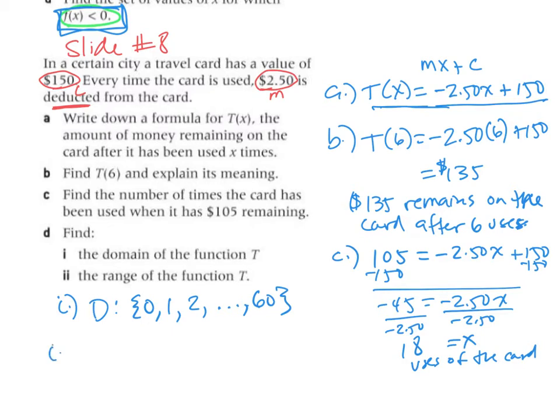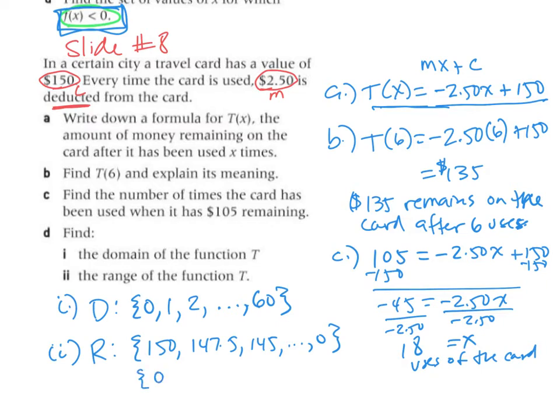And then the range, again, it's going to be individual values. Now, some of you may have listed it like this, that the range is 150, and then after one use it'd be 147.50, and then the next use would be $145, all the way down to 0, and that's okay, but I would prefer that you always list domain and range from smallest to largest.